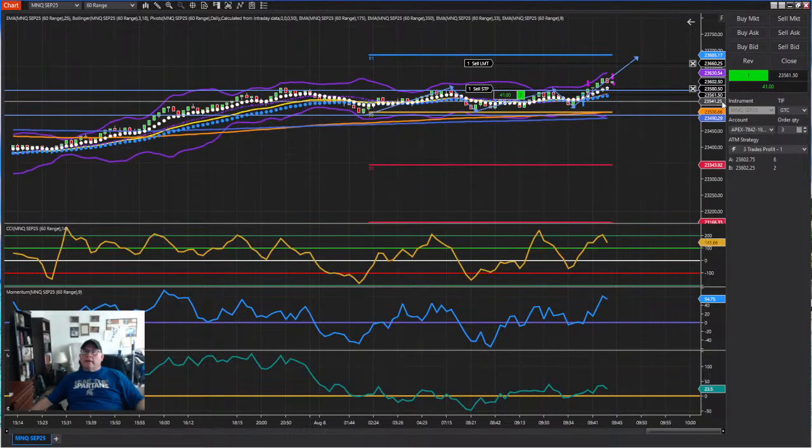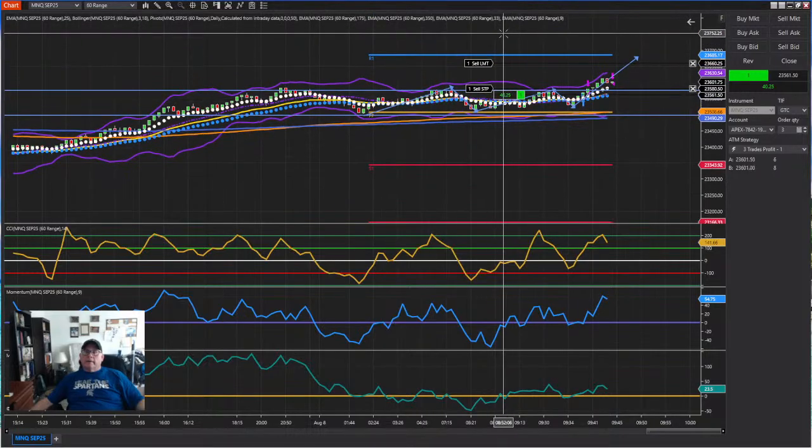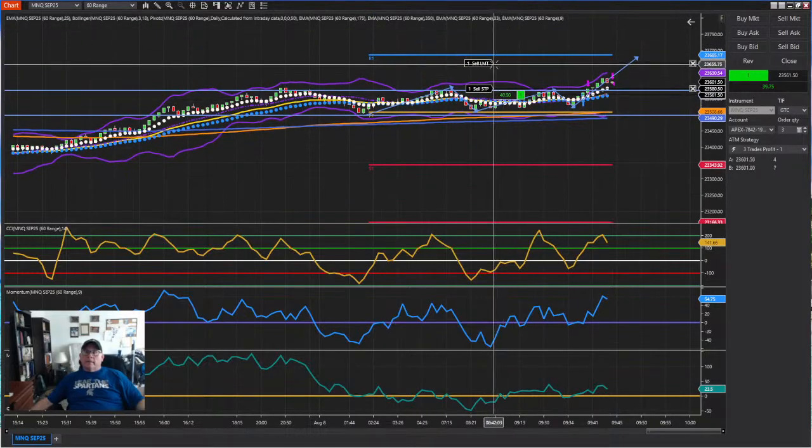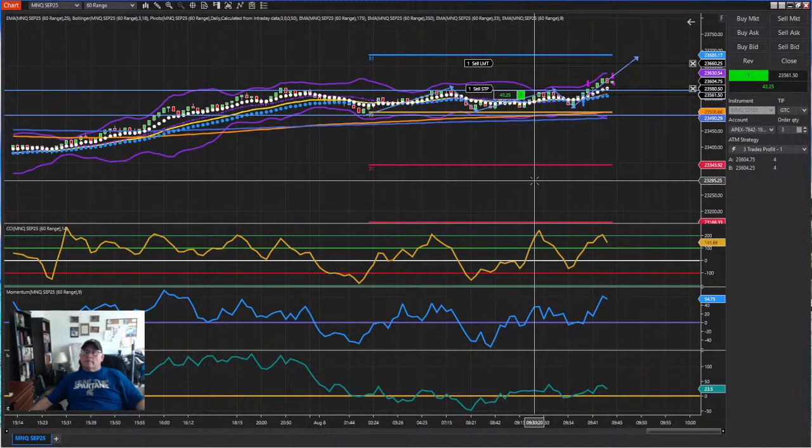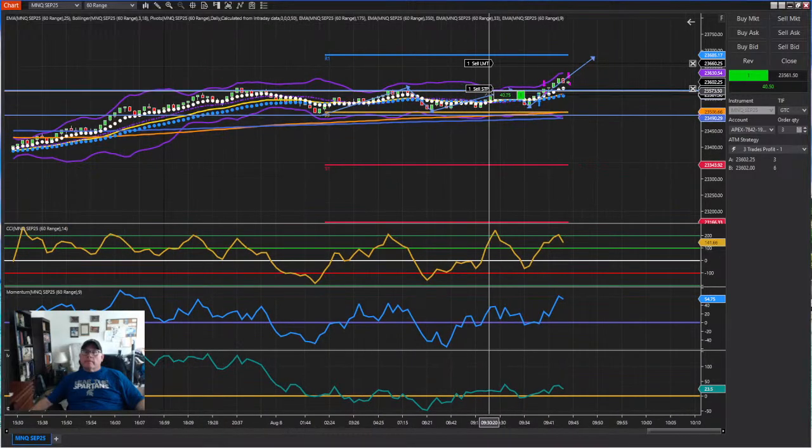So did that take out? Yeah, that took out the 9. That took out the 9 this time. So this is the 6P target that we're on right now, to protect a little bit more of the profit.